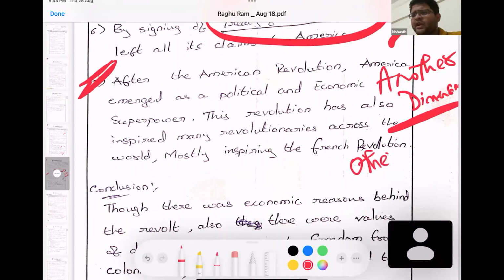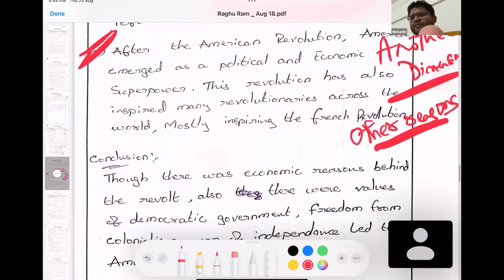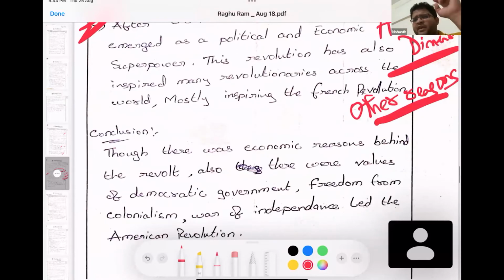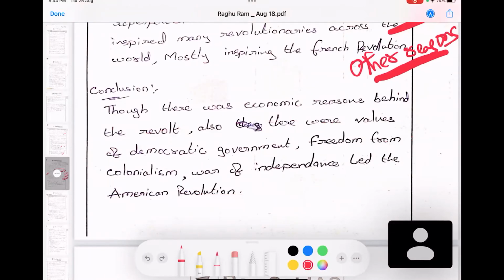You should write the other reasons. Such questions are given to confuse you into thinking in a unilateral way. In the conclusion you have written it, but before the conclusion, you have to mention these reasons. Understood? Yes, sir.